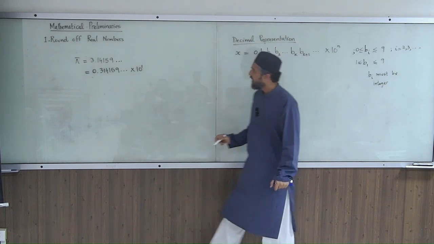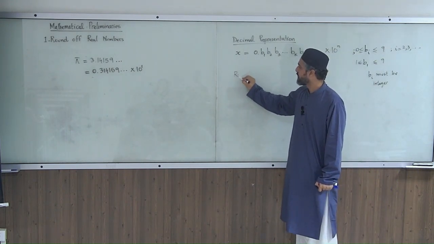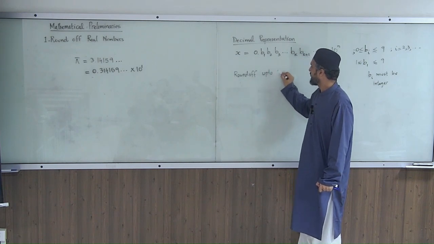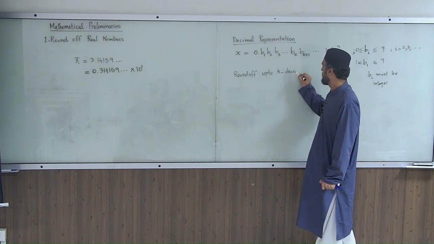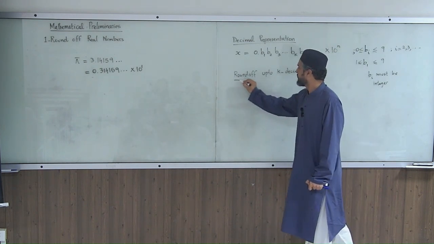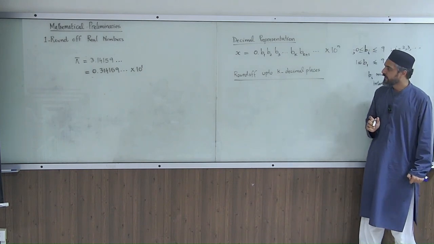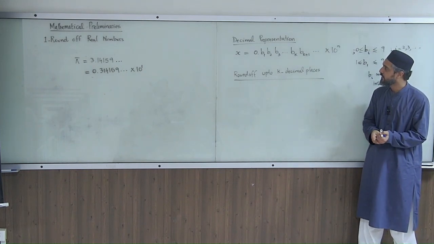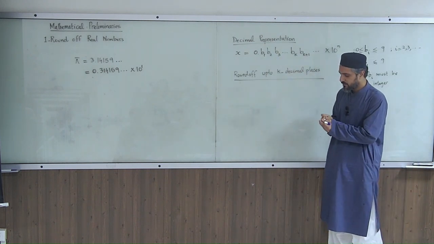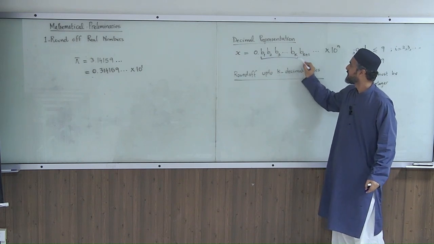Now how to round off? For example, we have to round off up to k decimal places. So I will select the k integers after the decimal point, these are the k integers.